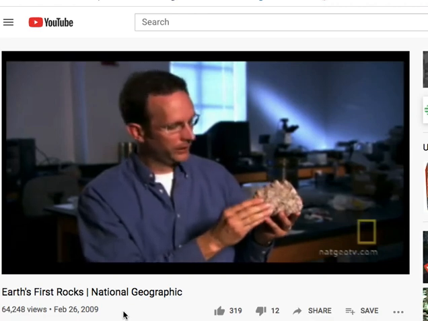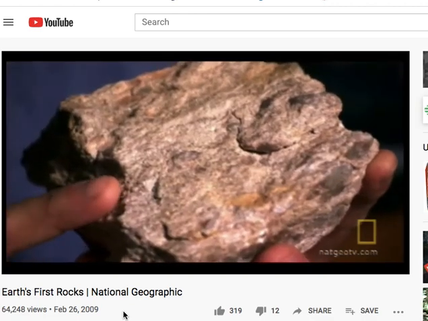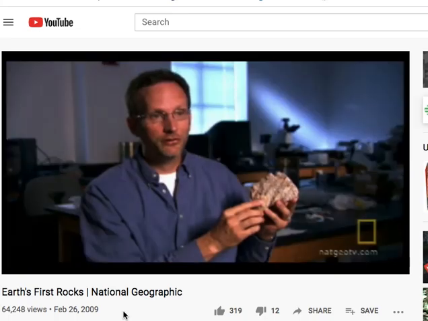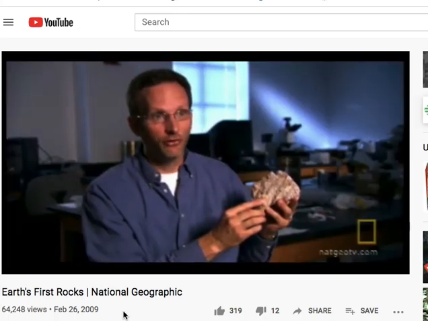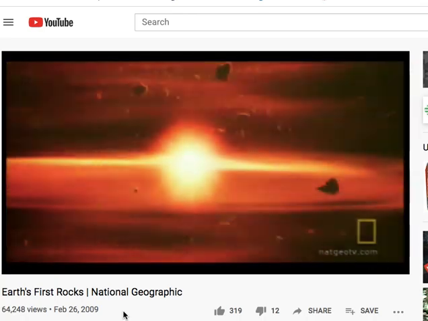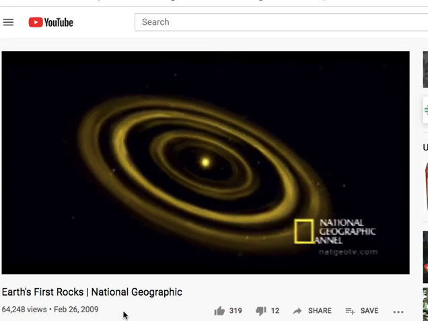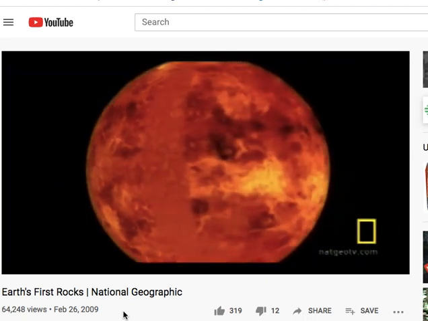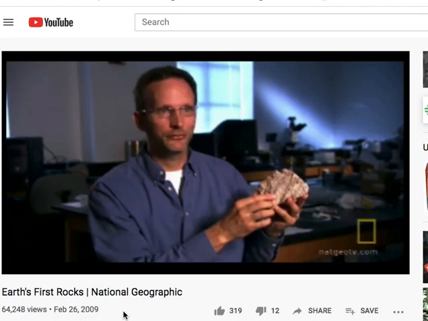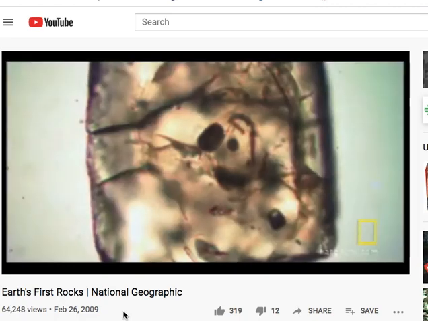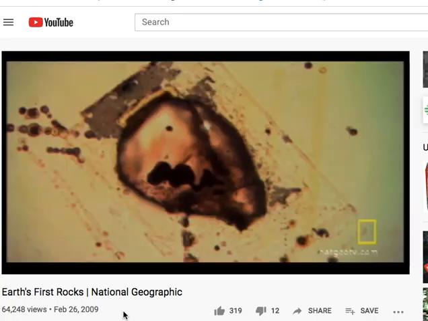For instance, in this rock here, there are zircon crystals that are 1/3 of the age of the universe. So these things have been around for almost as long as the Earth has been a planet. Talk about time capsules. Analysis shows this 4.4 billion year old zircon crystal forms in liquid water.